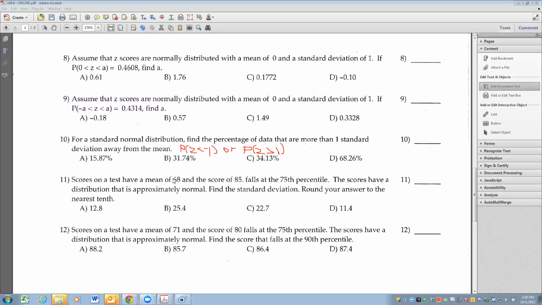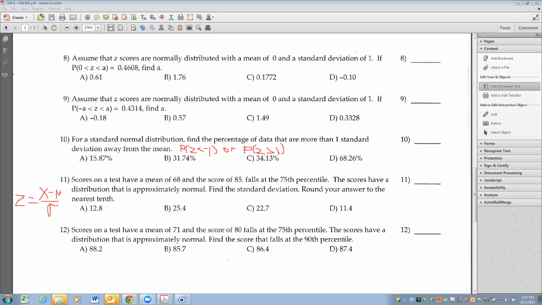On number 11, that's again using this idea that we have z equals x minus mu over sigma.